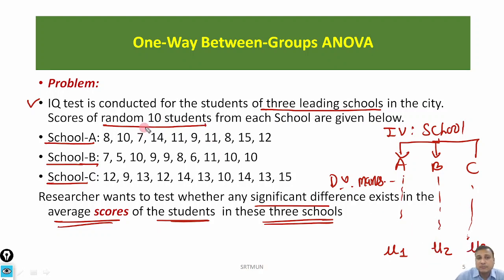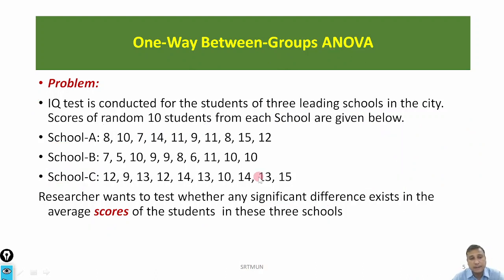But randomly we have chosen 10 student samples, and on the basis of that we are going to test whether a significant difference exists in these three schools, or whether the significant difference doesn't exist. So if we have such type of data, then we can perform one way between groups ANOVA. Now let me take you all ahead.